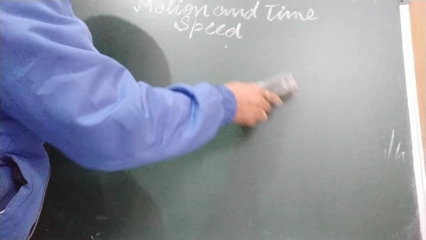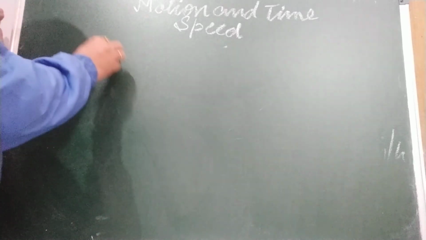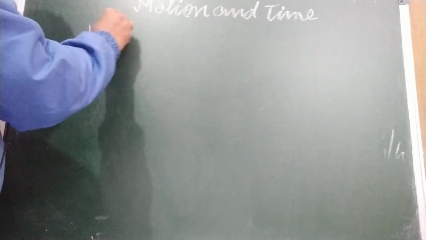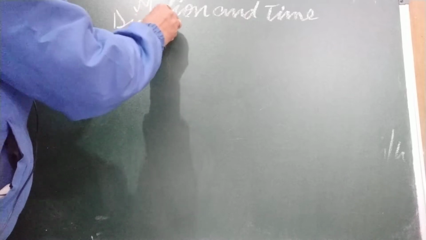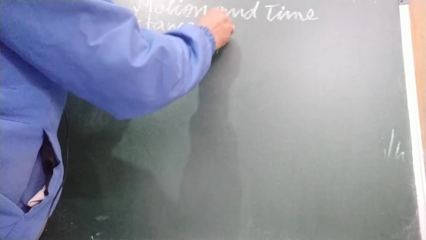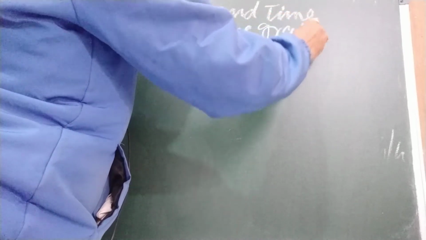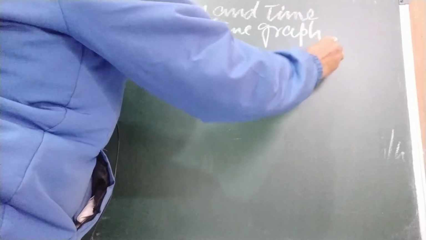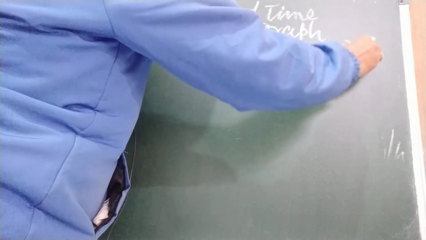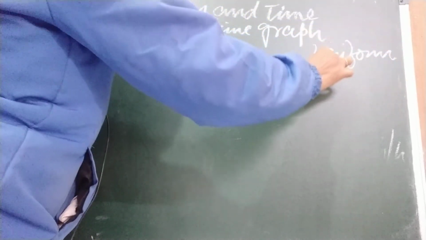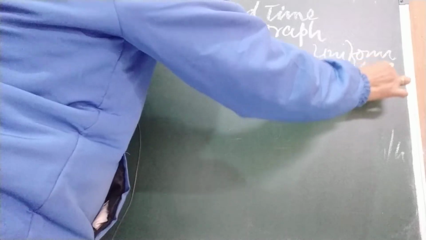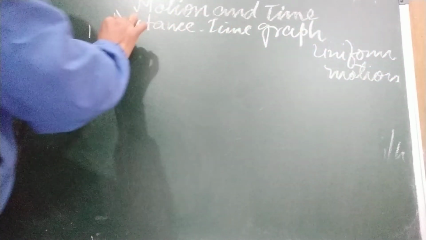Now next our topic is distance time graph for uniform motion. First we are going to discuss uniform motion. Here children, two things we must know, distance and time.